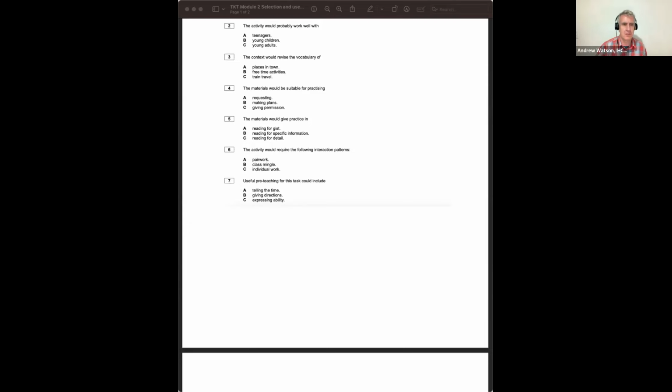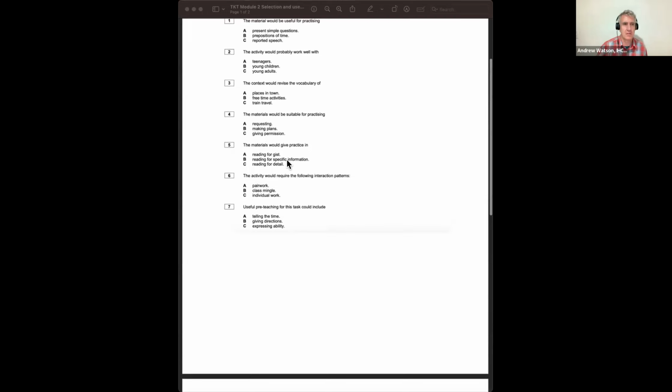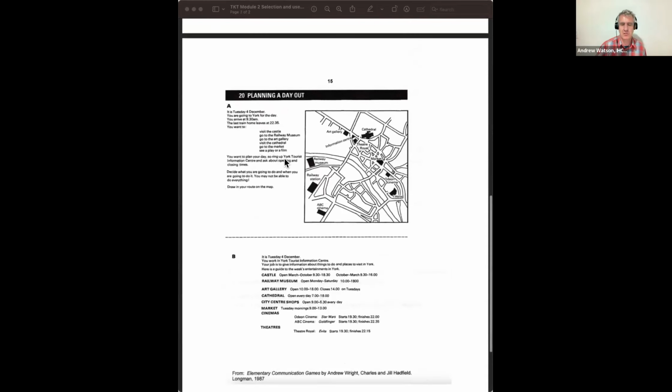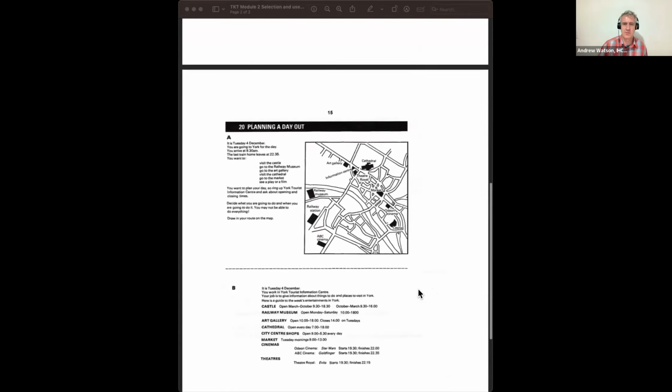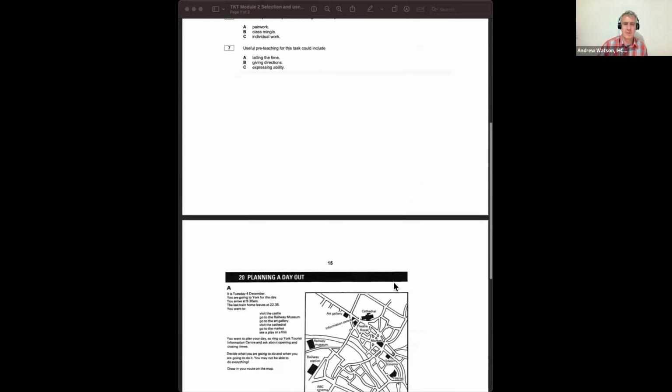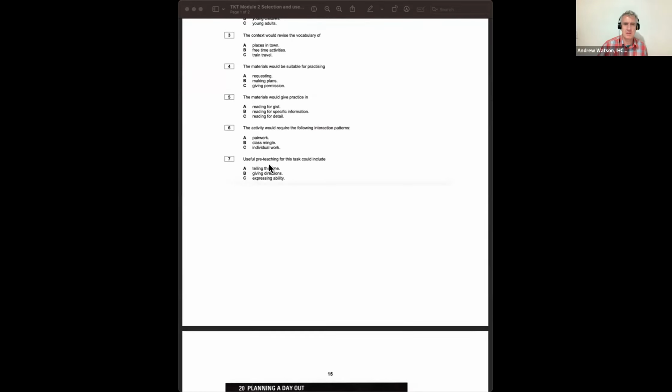Number 4, it's not appropriate for giving permission. Requesting and making plans, yeah. Five, practice not in reading for gist, because if you look at it, it's kind of too detailed. B and C are the ones to give practice in, but A is not appropriate.